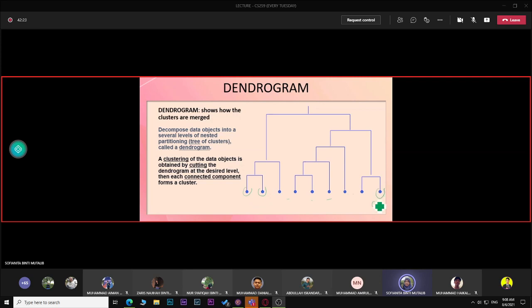Let's label them P1 until Pn. So this is a new merged cluster, and so on. The dendrogram also has X and Y. This is the X, and X is representing the objects, and there is Y. So what do you think? What is Y?